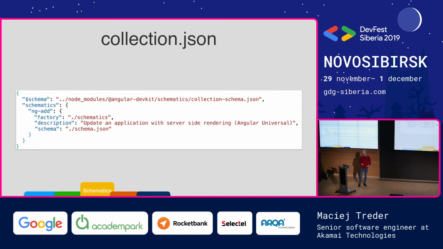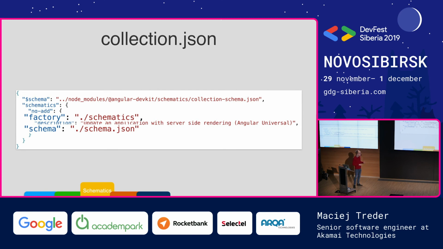What a factory is, it's a file which represents the function which will be run by Node.js. So this is the function where you are actually writing the code which Angular CLI is going to execute. Another thing which is nice to have in the collection.json for every ng something command is a schema.